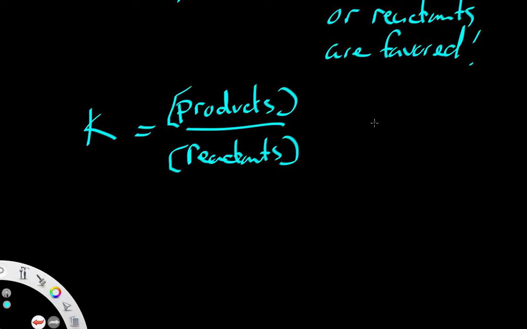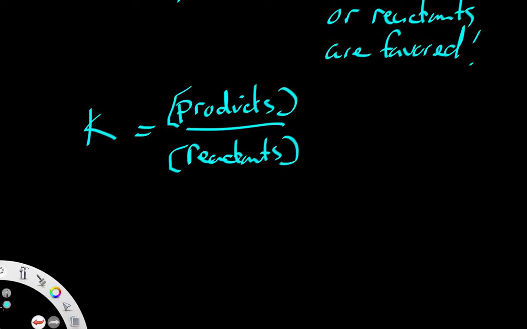Well, the only way to gain a value of 1 would be to have the same amount. In other words, whatever we have for our products will have to be divided by the same amount in our reactants. And that's the only way we're going to be able to get a value of 1 in terms of ratios. So that's how we are able to gain a value of 1.